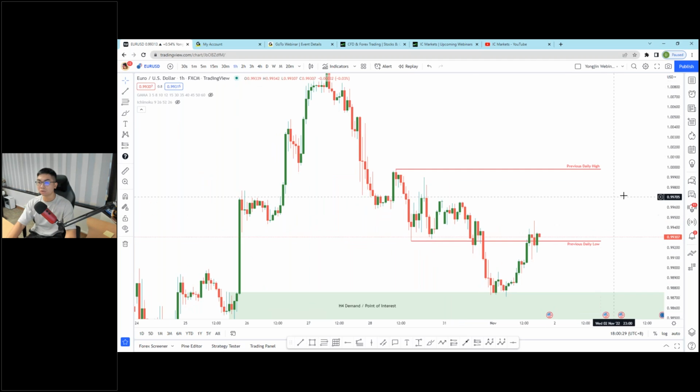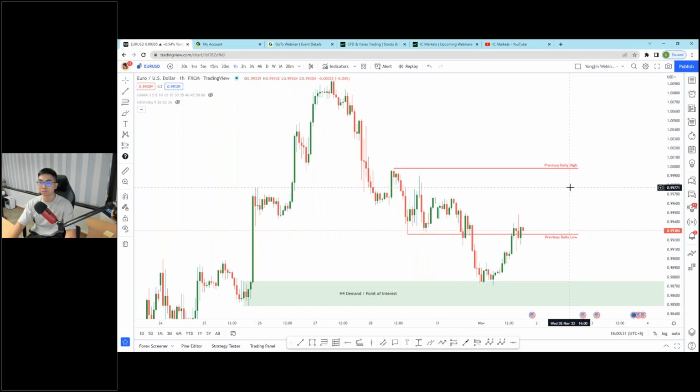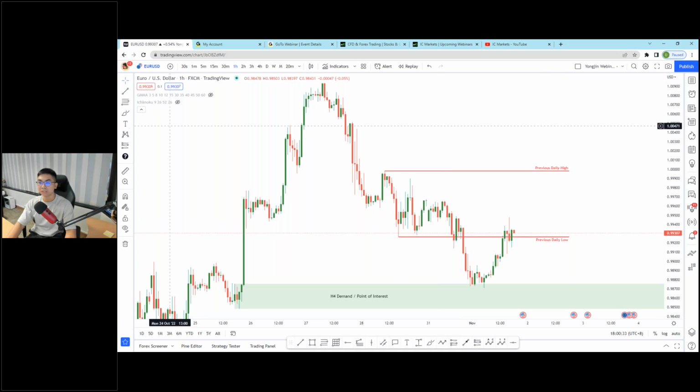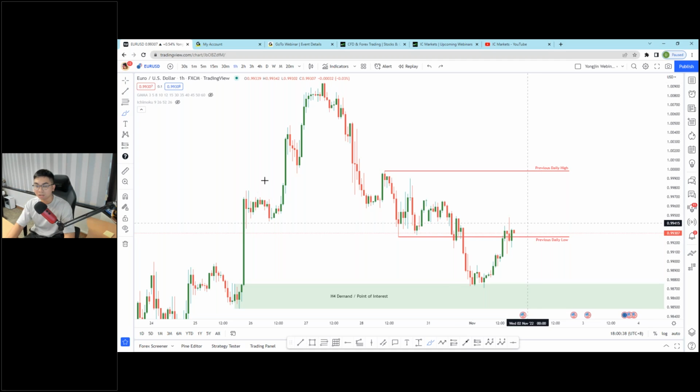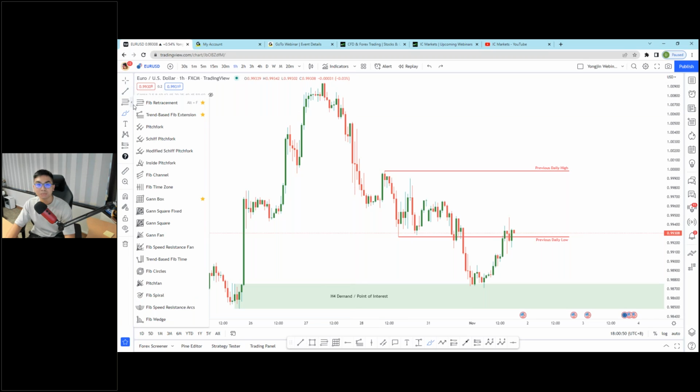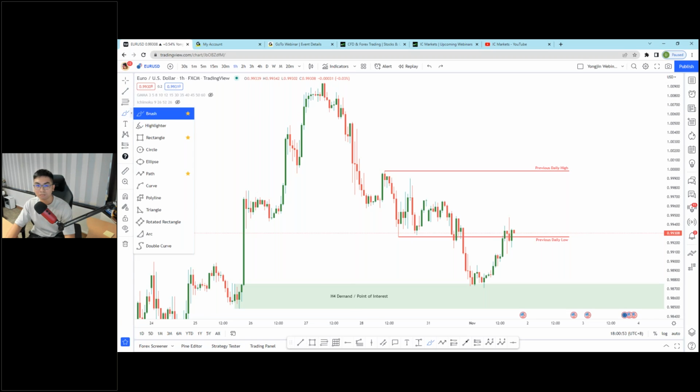What I did was I waited for price yesterday to clear the previous low. So it broke right here. And then, as I always mention, look for market imbalance. So market imbalance is right there. How do we spot market imbalance? Maybe we can draw it out. Here there is also a market imbalance located right here.